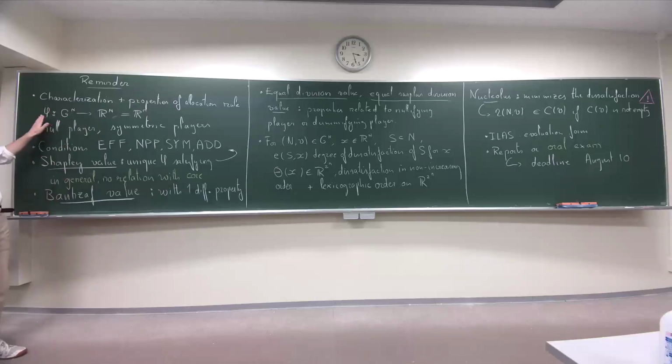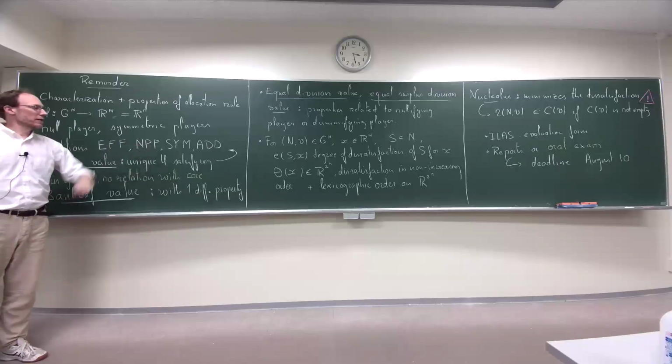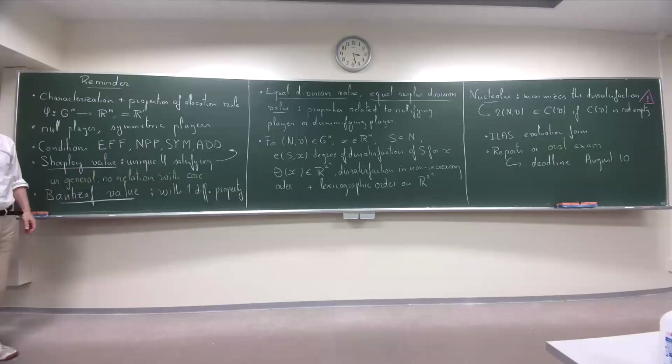So we discussed that last week, some allocation rules and some of their properties. In order to discuss some properties, I introduced the notion of a null player and what are symmetric players. And I introduced 4 conditions about such an allocation rule: the efficient rule, the NPP, the symmetric and additive rule.